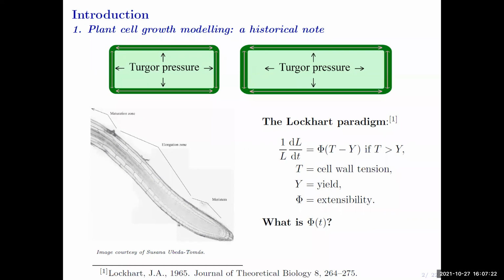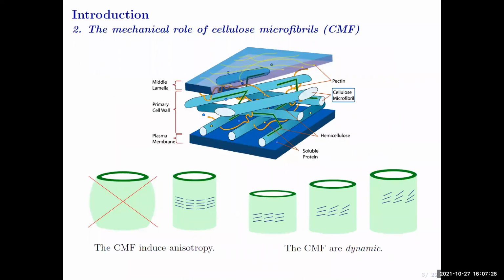Our contribution to the puzzle focuses primarily on one component of the cell wall, which has often been overlooked despite biologists knowing it plays a crucial role. If you look into the cell wall, you find all sorts of molecules. What we want to focus on is something called cellulose microfibril, CMF.